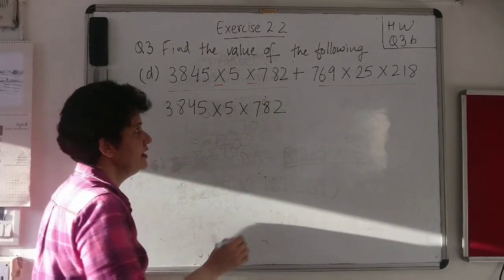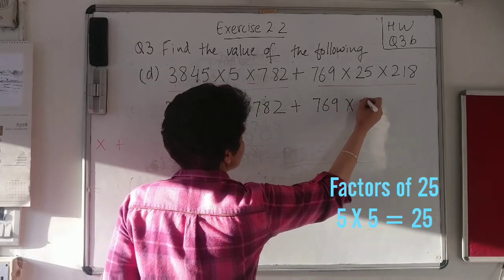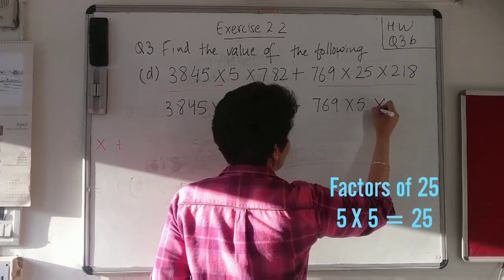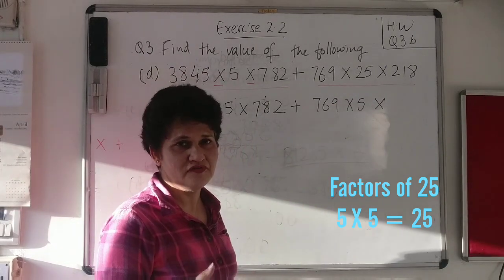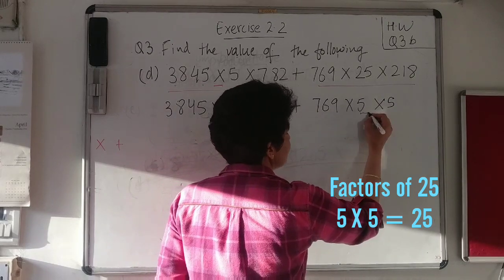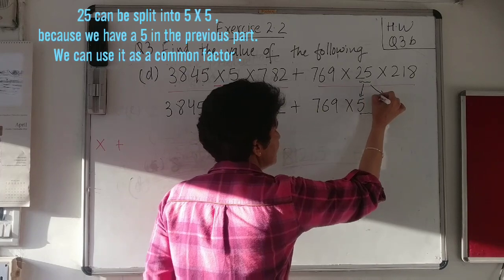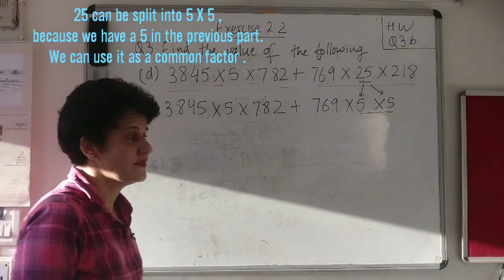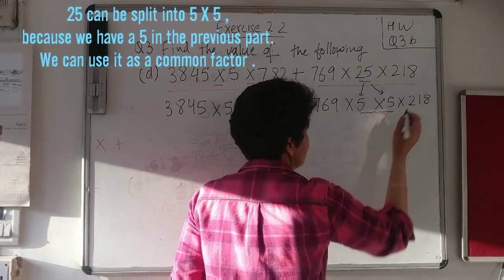I've copied. And now let me multiply 769 into 5, and after that 25 is a product of 5 into 5. You factorize it and you get 5 into 5. So I'll write 5 into 5. Understand again, 5 into 5 is 25. So my 25, now I'm writing it as 5 into 5. And then I will copy this as it is into 218.